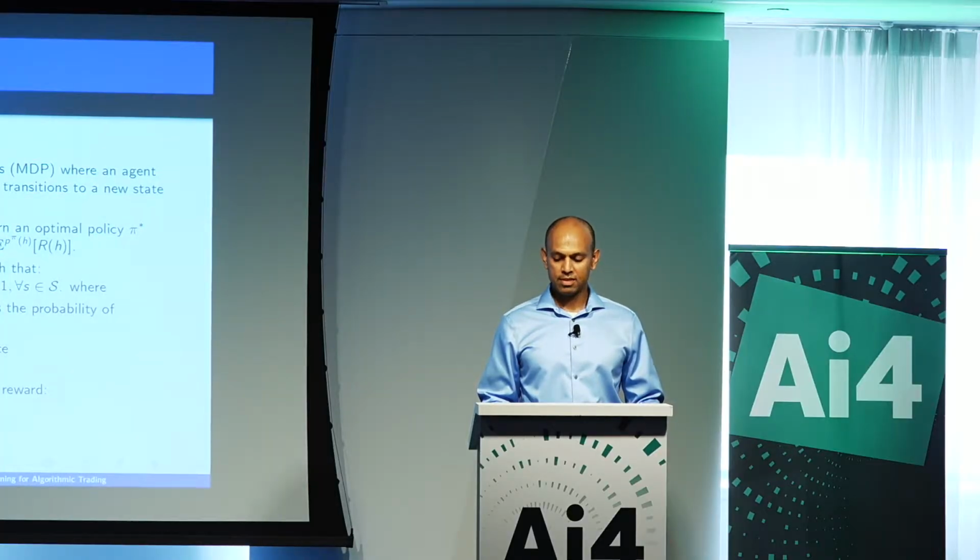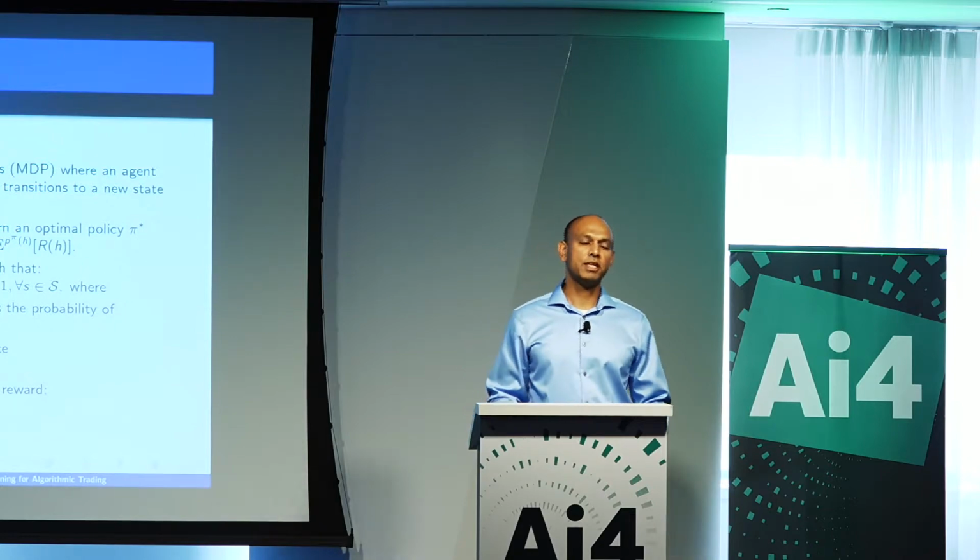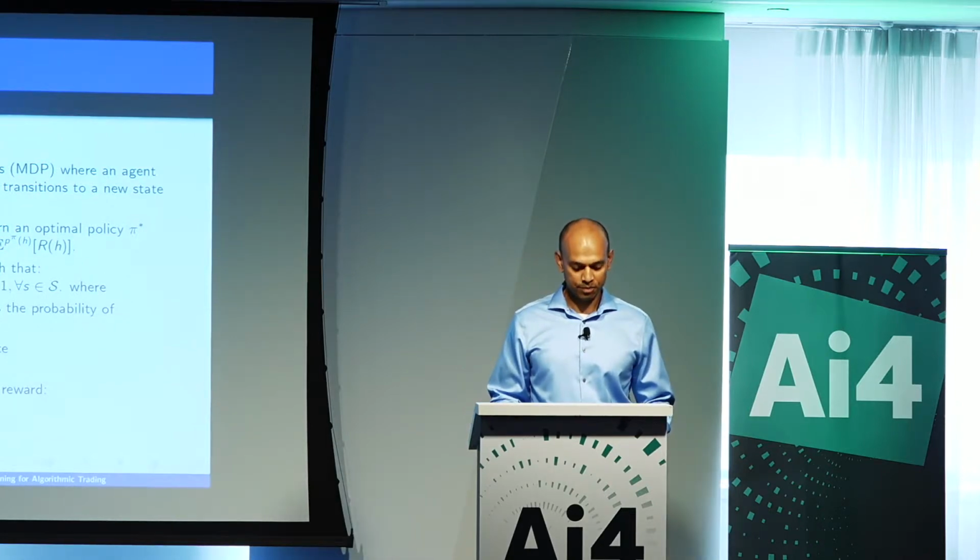And so it's the system environment or the system behavior that I talked about that does that transition for you. And in these model-free algorithms, you don't necessarily know what that behavior is. And then once you take an action in a particular state, you receive a reward, and you continue.